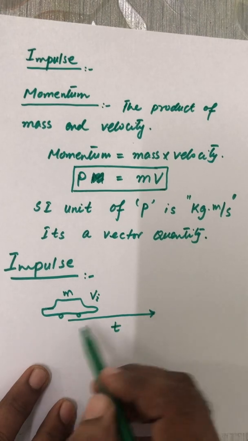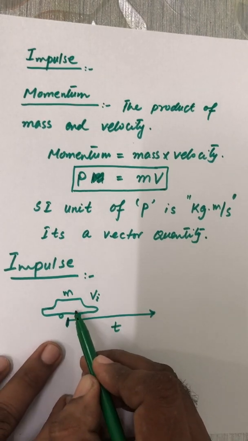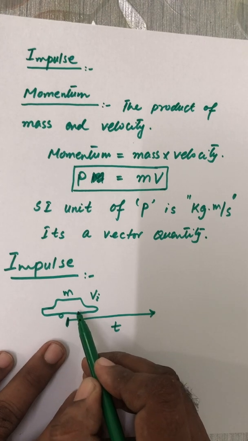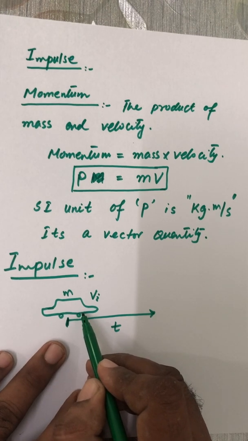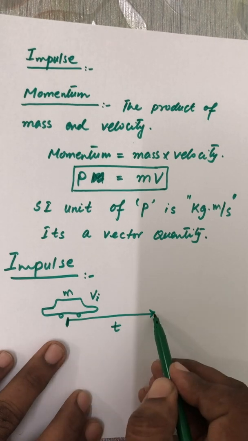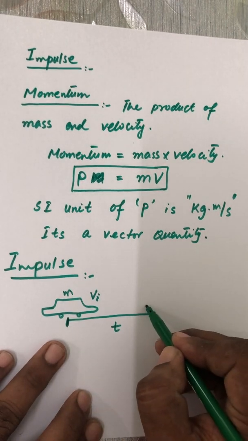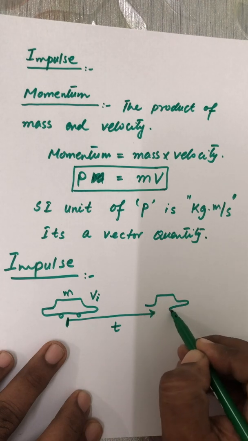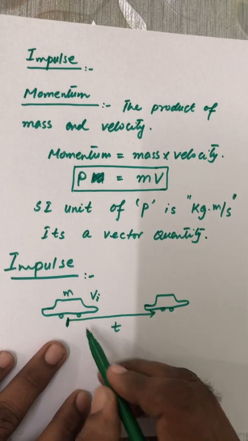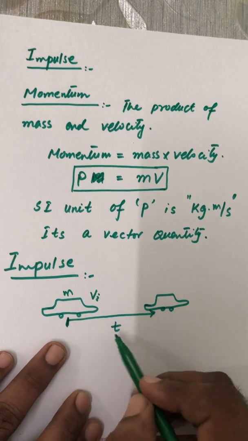Then you press the accelerator. When you press the accelerator, the engine of the car will exert some force over a period of time, and after that time the car has its new velocity, because we pressed the accelerator and the force was exerted over some time.